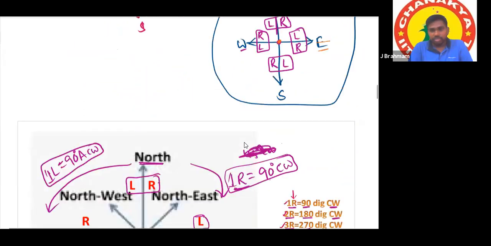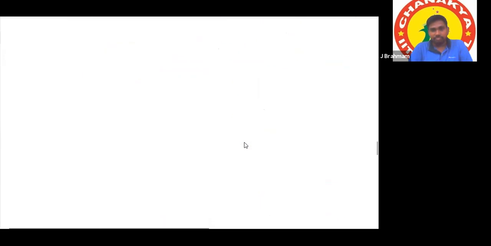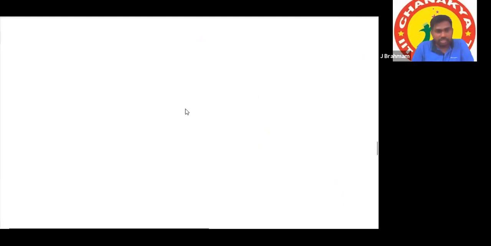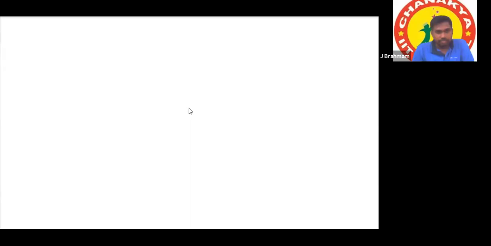And without this diagram, I'll ask the same questions. Person facing north, right hand shows east. Person facing east, right hand shows south. Person facing west, left hand shows south.